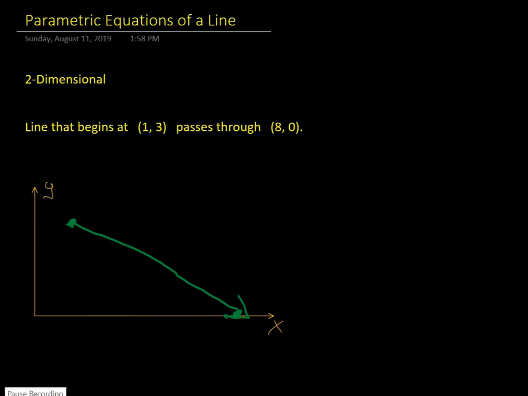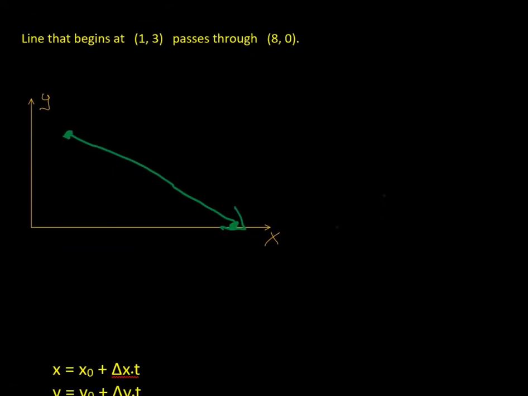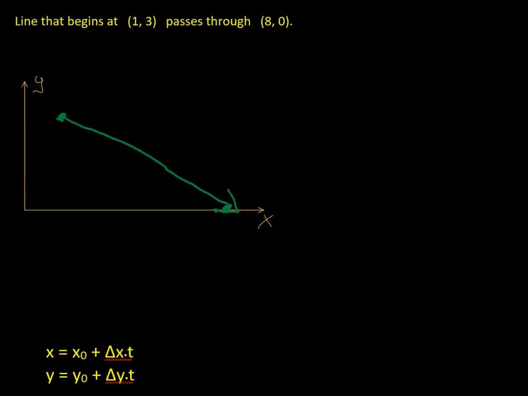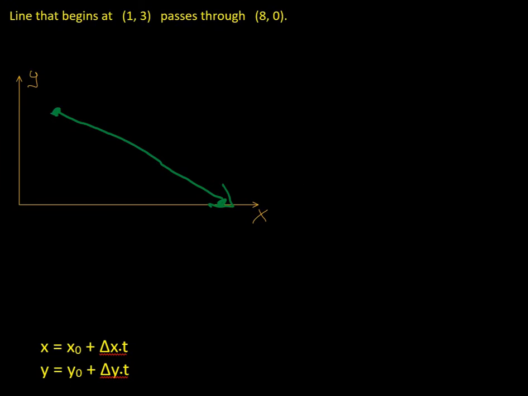Let me scroll up here a little bit. Just as a recollection, we have these equations in parametric form, and like they indicate down here, we're going to have a separate equation for x and a separate equation for y.